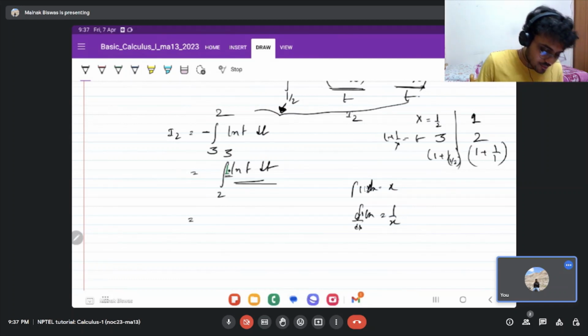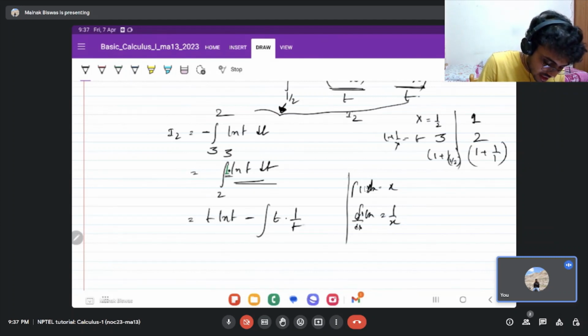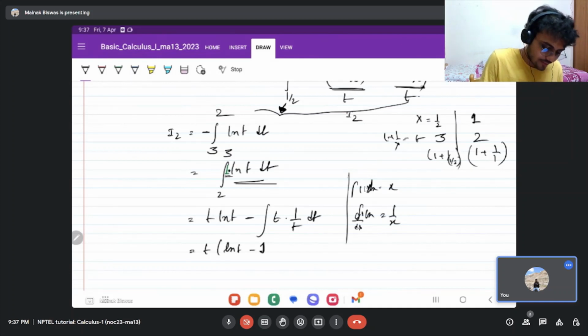So how will you do that? You integrate 1 to get t, so you get t log t minus the integral of t into 1 over t dt, or t log t minus t.